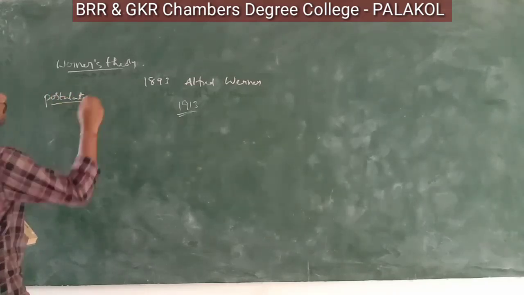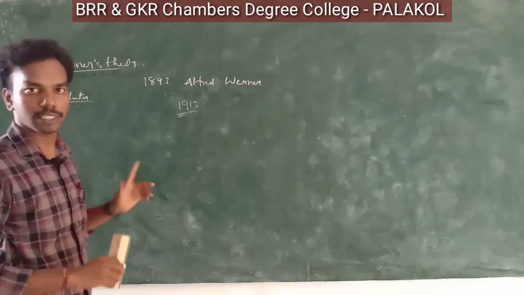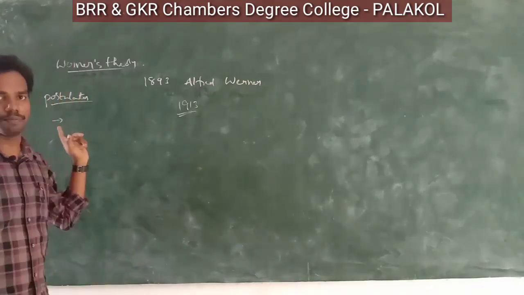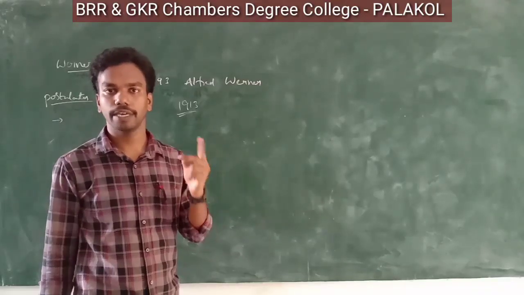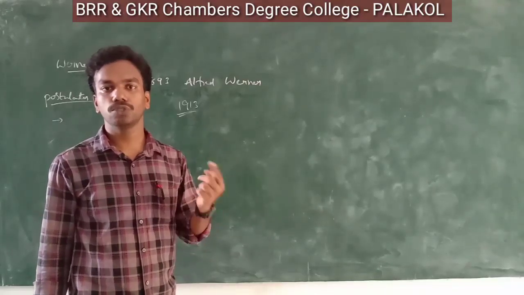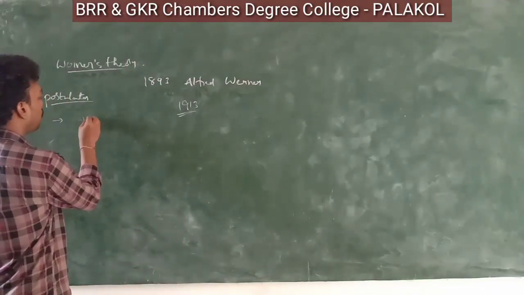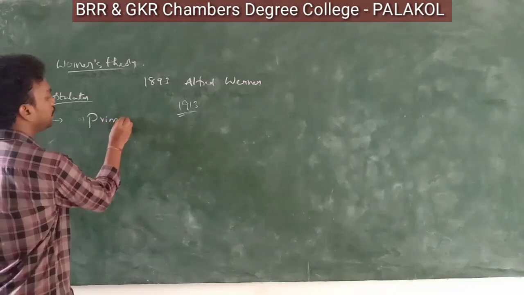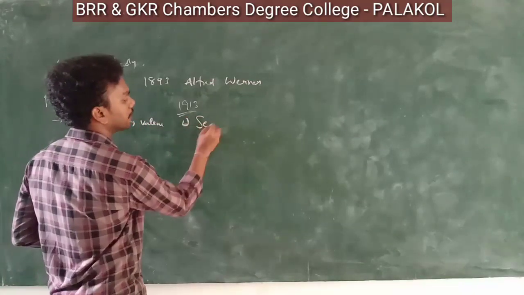Postulates of Werner's theory. Okay, so the first postulate: every metal atom exhibits two types of valences. What are they? Primary valency and secondary valency.